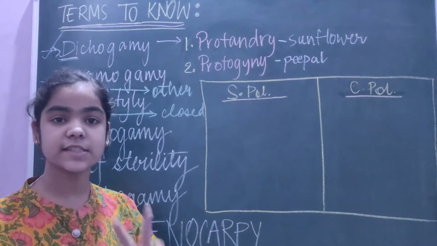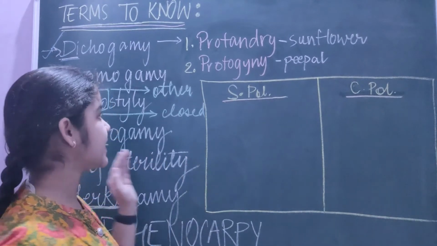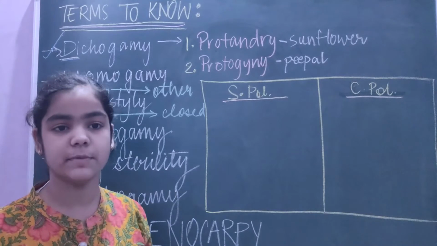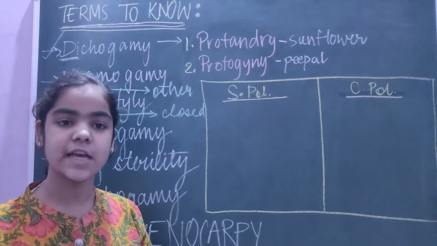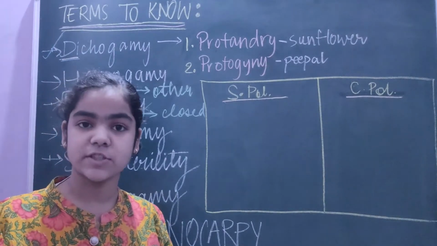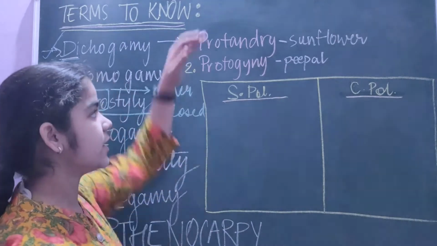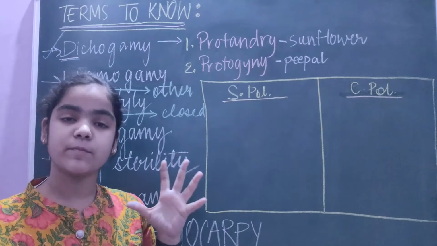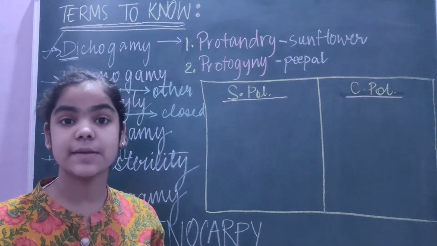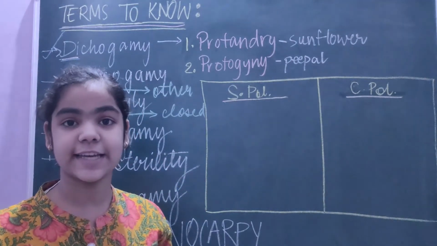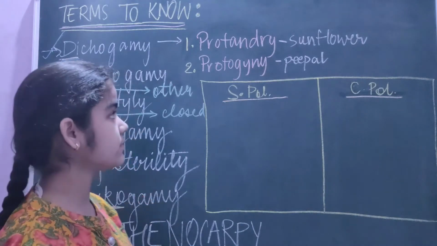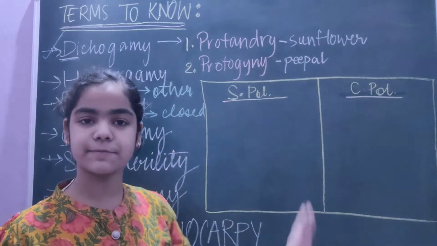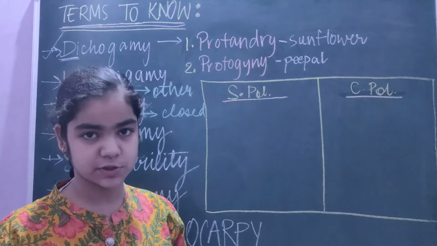Now we will discuss two types. The different types of maturation of male and female. So how can you recognize that the anther matures first, right? So here this first case is protandry. When we say protandry, it means the maturation of anther takes place first. For example, like in sunflower, the anther matures first.